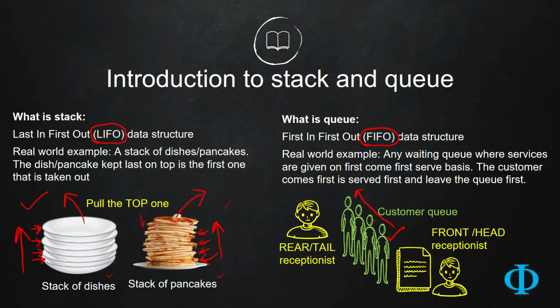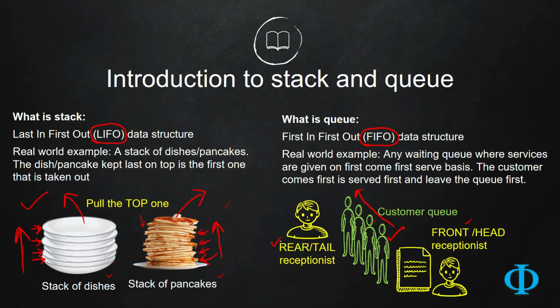Now, in order to manage that, most of the time you will see that there are at least two different receptionists. There is a front receptionist and there is a rear or tail receptionist. What do they do basically?